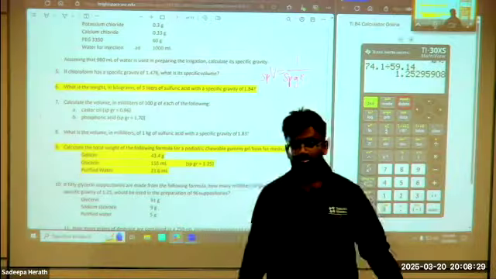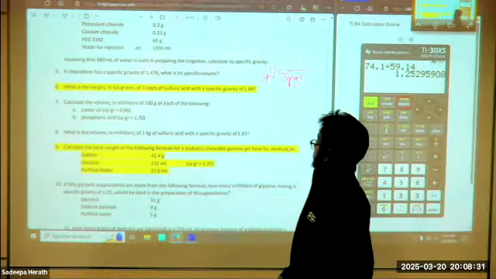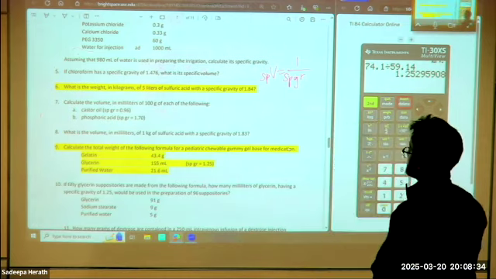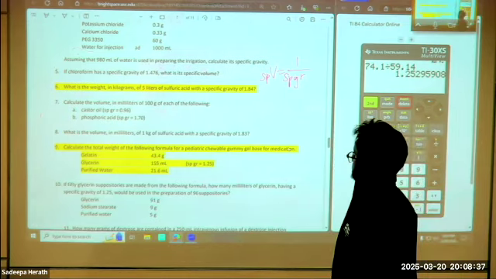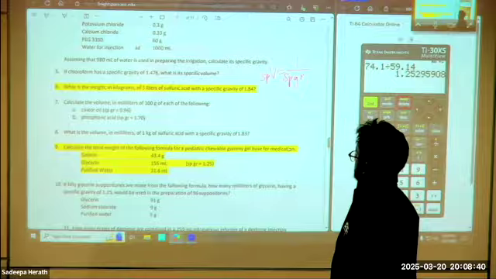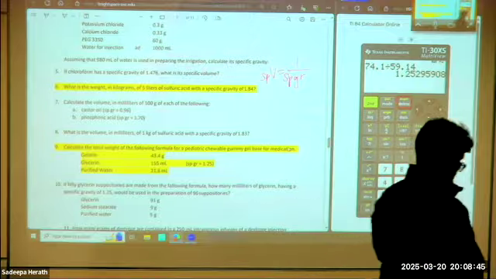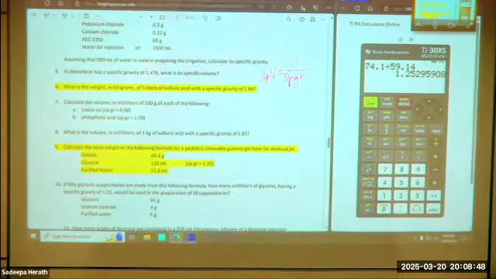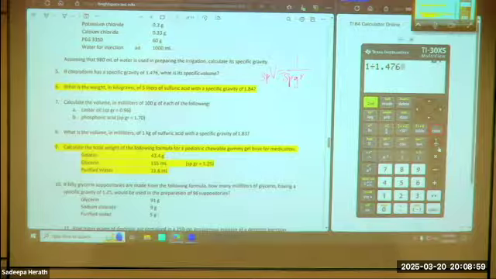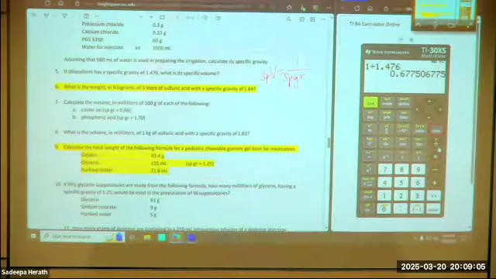It's inversely proportional. So the bigger the specific gravity, the smaller the specific volume, and likewise. So 1 divided by 1.476 equals 0.678.